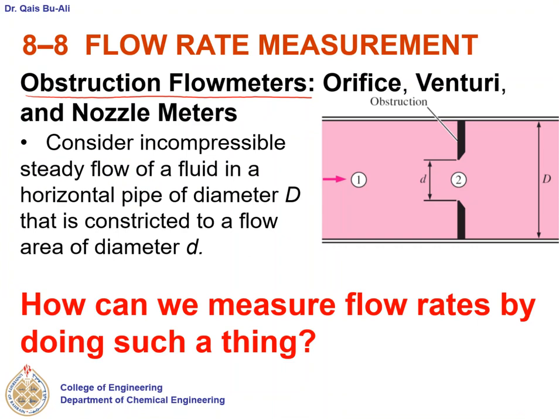Obstruction means things that will hinder the flow. Okay, obstruction flowmeters, and I'm going to discuss three types of them: an orifice, venturi, and nozzle meter.